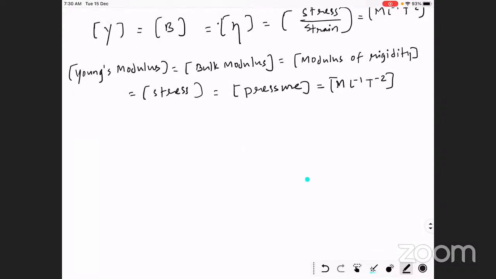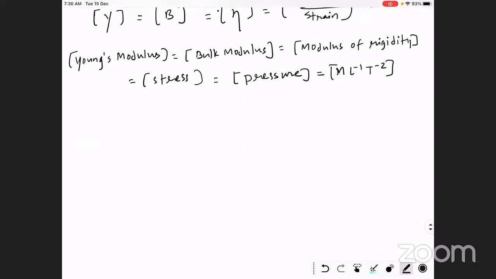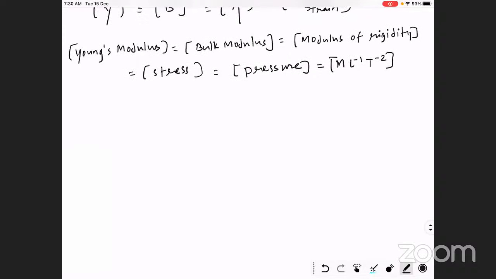Could you understand that? Any doubt in this? Okay. Now write next, Poisson's ratio.